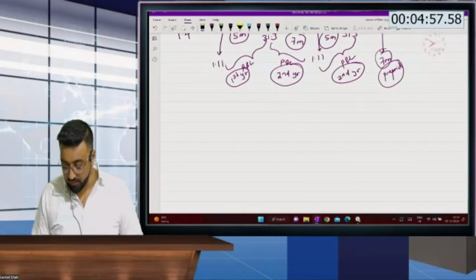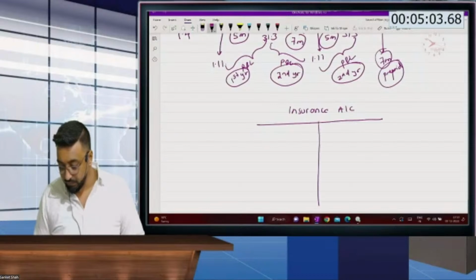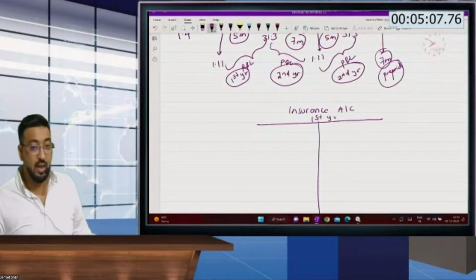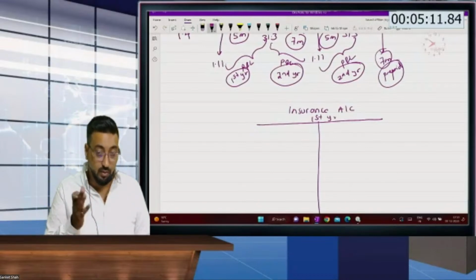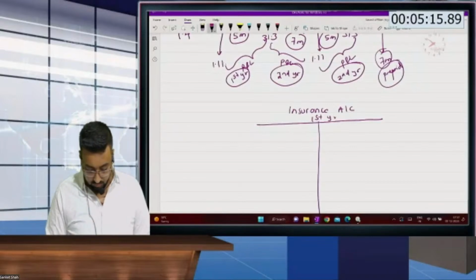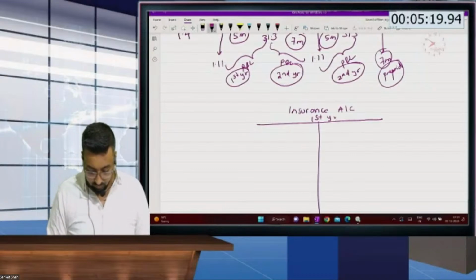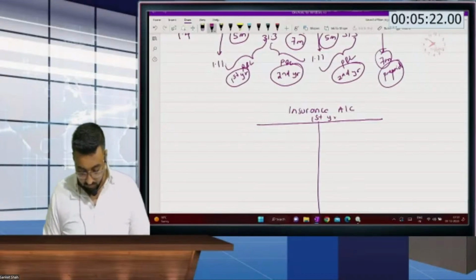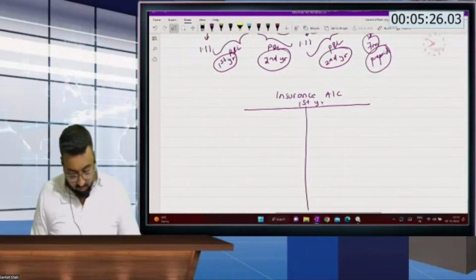Sorry, insurance account. Can you tell me the first year total figure? First year. First year's total, can you tell me?